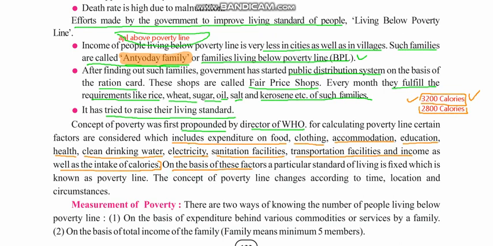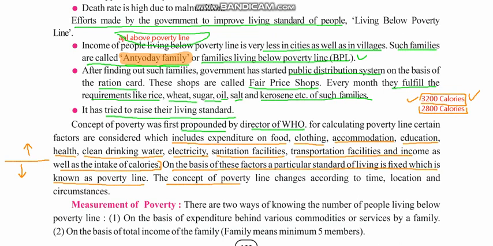On the basis of these factors, a particular standard of living is fixed, which is known as the poverty line. On calculation of all this, a demarcation or level is made: those people who earn a certain amount of money are termed above the poverty line, and people who are not able to earn that amount are termed below the poverty line.